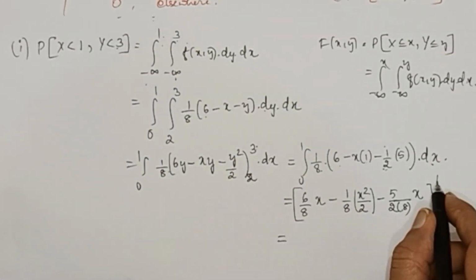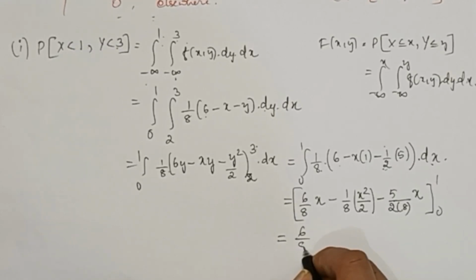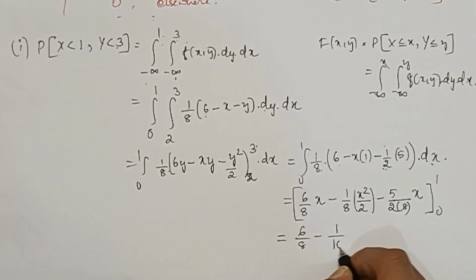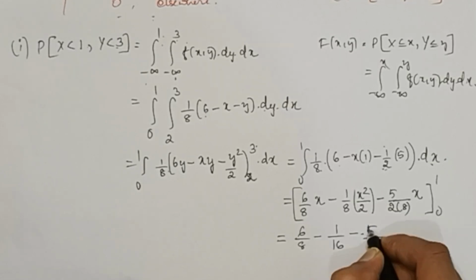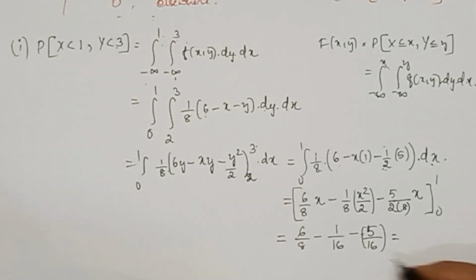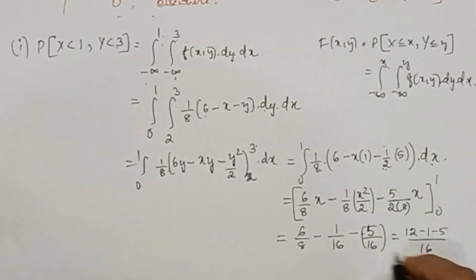Upper limit, 0 to 1 means just you will get value 1. 6 by 8 minus 1 by 16 minus 5 by 16. Okay, this is equal to, you have to simplify this. So 12 minus 1 minus 5 by 16, that is equal to 6 by 16, which is nothing but 3 by 8. This is the answer.